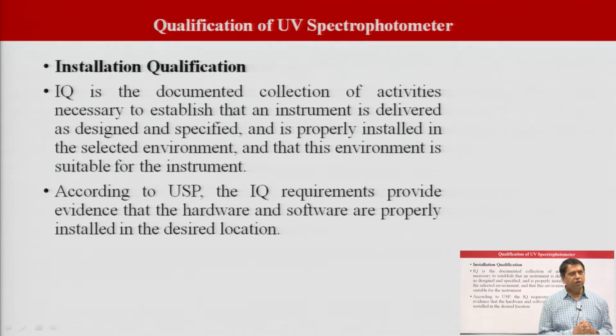And according to USP, the IQ requirements provide the evidence that the hardware and software are properly installed in the desired location. So, after the procurement of the instrument, we have to select the location in which the instrument should be installed, and after the selection of the location, all the parts of the equipment are properly assembled as well as the software is installed.